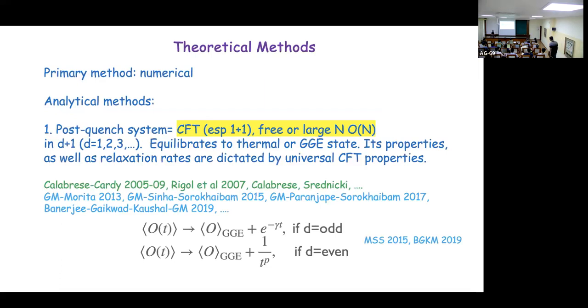But I'm thinking of this gamma as the quasi-normal mode frequency of the lightest quasi-normal mode. In 1 plus 1 dimensions, that's determined by the spectrum. So in 1 plus 1 dimension, this gamma has a lot of rich physics.